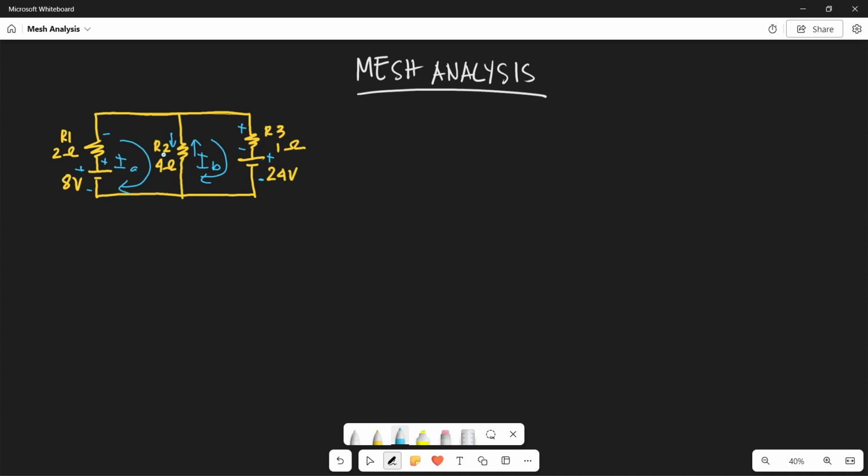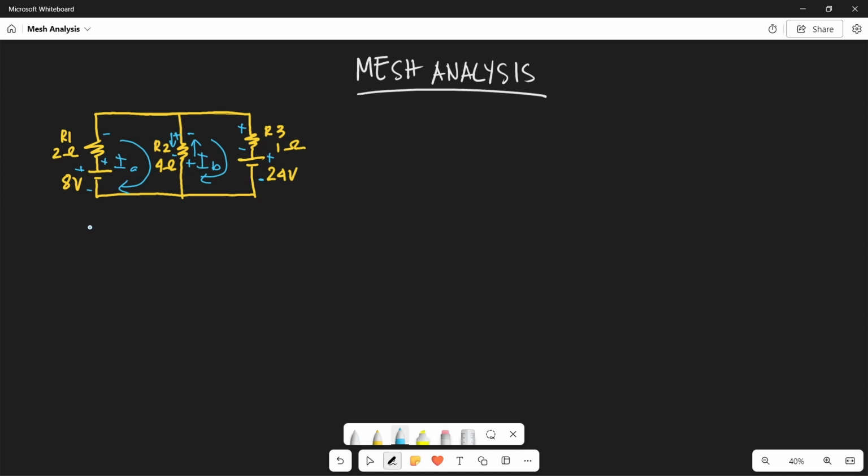So the sign convention of R2 with respect to IA is this one will be positive, and negative. But with respect to IB, this is positive and this is negative because the current enters the positive terminal and leaves the negative terminal.